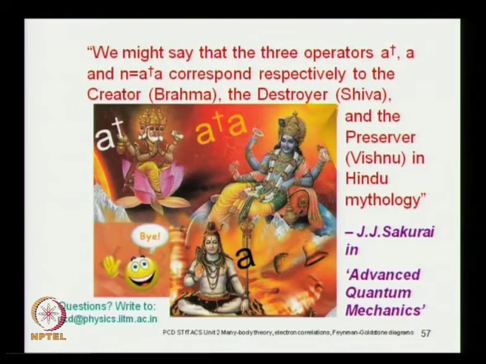He says that we might say that the three operators a, a dagger and a dagger a correspond respectively to the creator Brahma, the destroyer Shiva, and the preserver Vishnu. Okay. So, these are the creation, destruction and number operators.